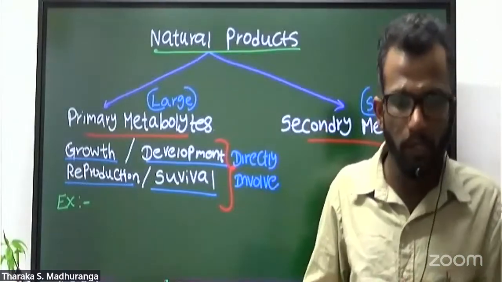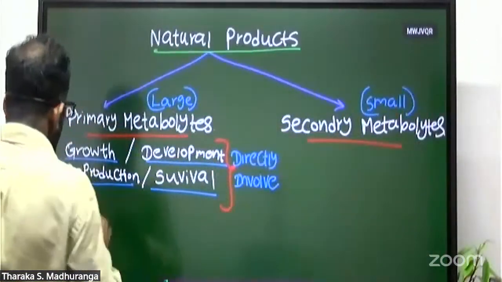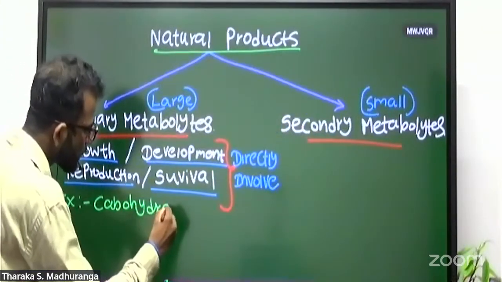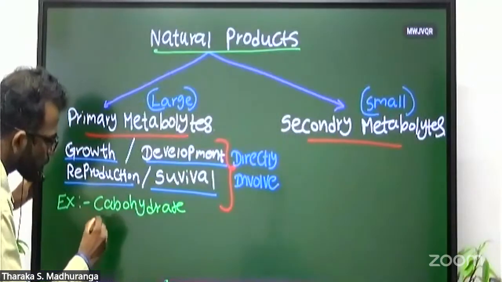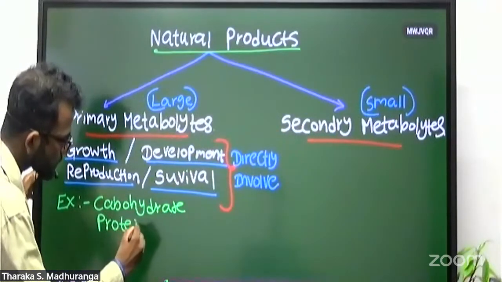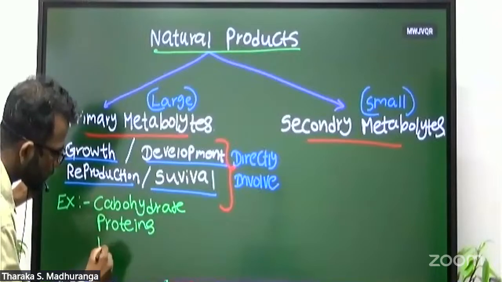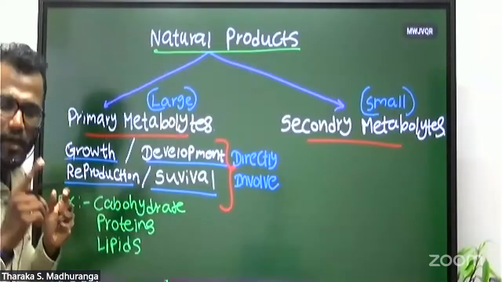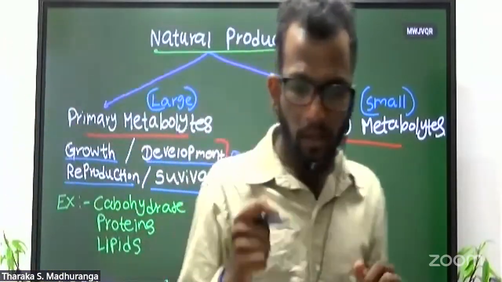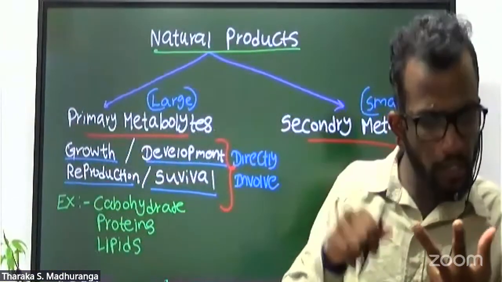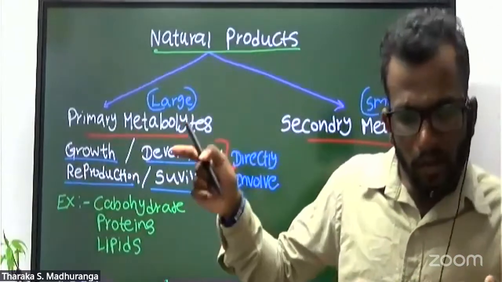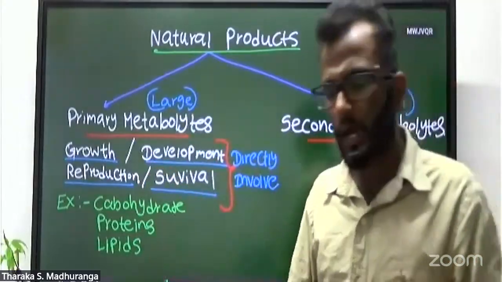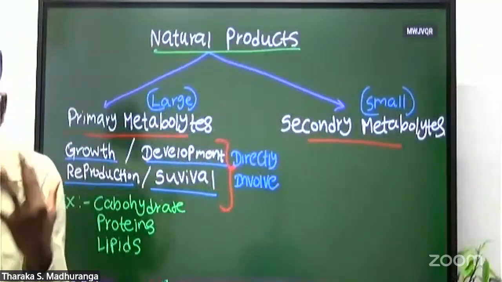Then the examples are carbohydrates, proteins, lipids, and what is the other one? What is the other main primary metabolite in our body? Not only us, all living organisms.